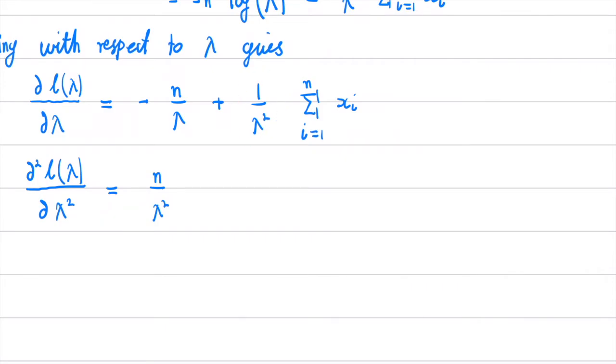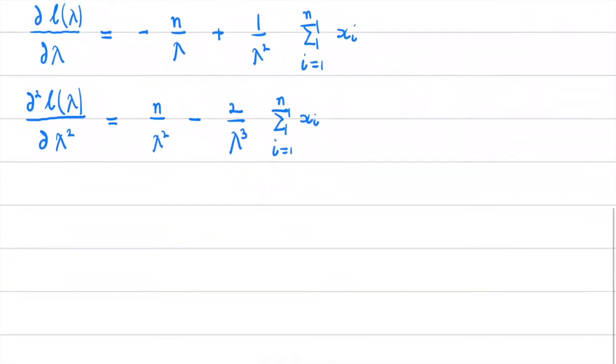Remember, that's the same as lambda to the negative 2. So we take the power down the front, negative 2 down the front, 1 off the power. So we end up with negative 2 on lambda cubed, the sum of i equals 1 to n xi.